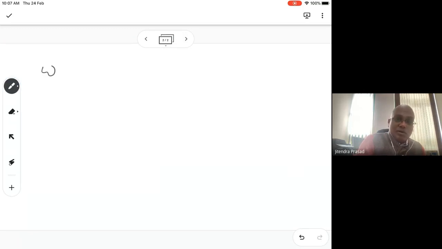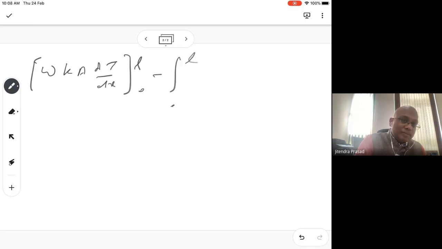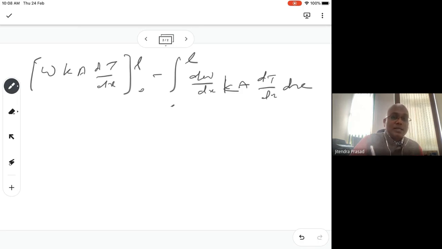So W multiplied by Ka, which is constant, so you will have simply W times Ka dT over dx, evaluated from L to 0, minus the integral from 0 to L of dW over dx Ka dT over dx.